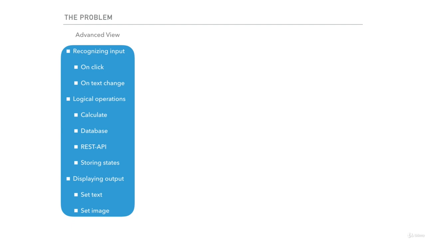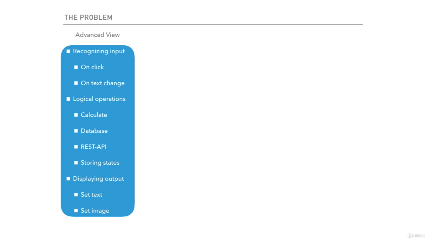Another second important point is that if everything is inside one file and one view, and the view is destroyed, everything is deleted, everything is gone. So, for example, if you have some states like the current equation in our example, or the current outcome, this would be gone.